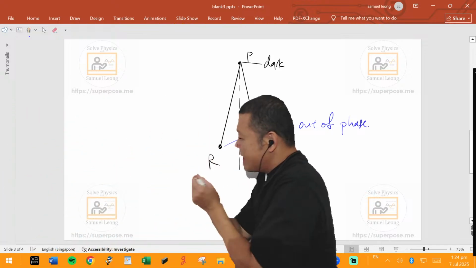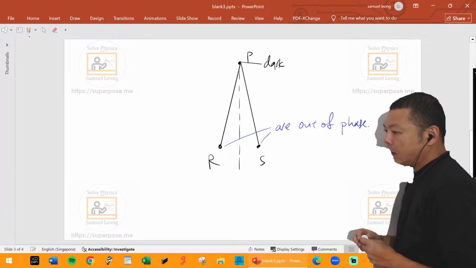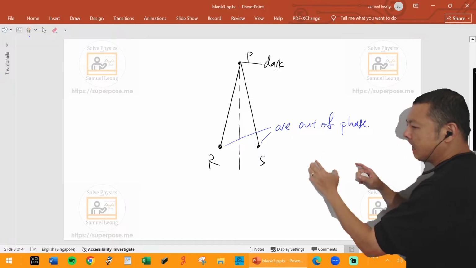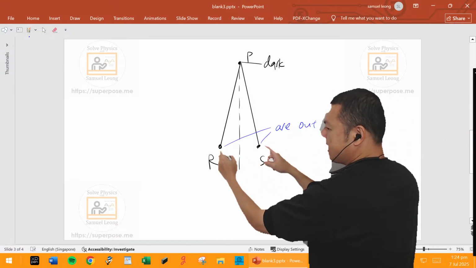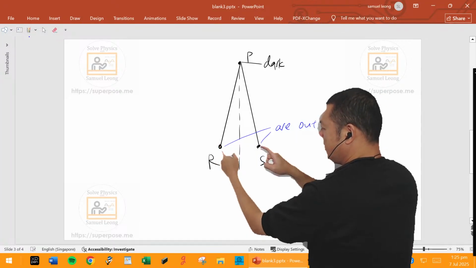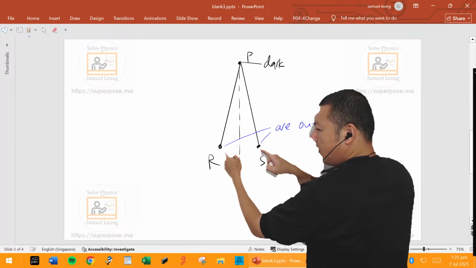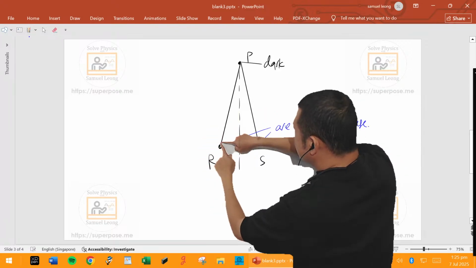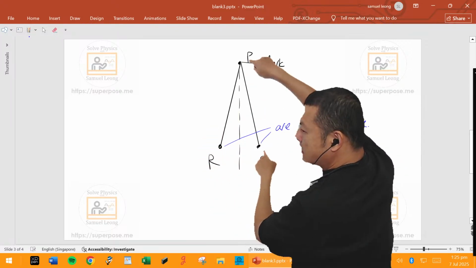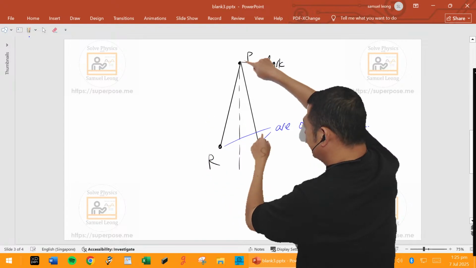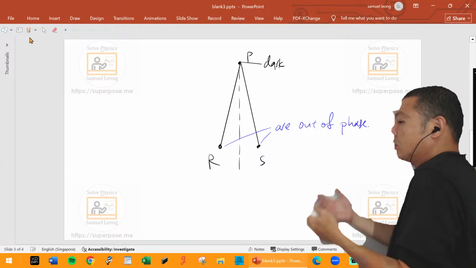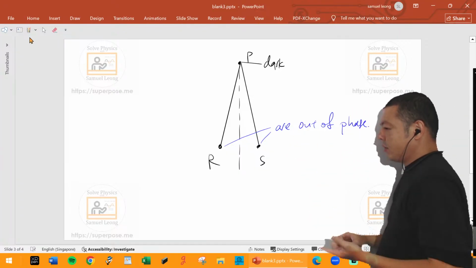That means the sources themselves are out of phase, playing anti-phase to each other. Sometimes I like to use tapping as an example. So R and S are out of phase, so they're making sounds like this. When the waves travel the same distance, when one is a positive amplitude, the other is a negative amplitude. So they will meet here and do destructive interference. So there's a chance that the sources could be out of phase.